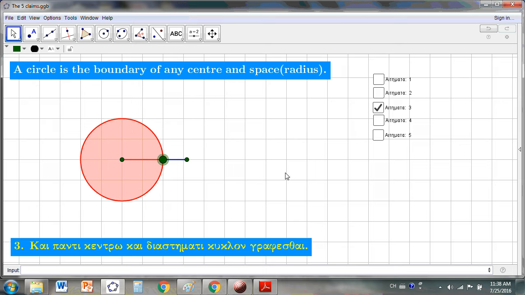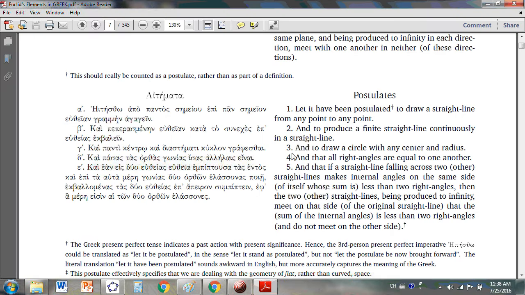Incidentally, in the original Greek Elements, the word radius is not used. Okay, so if you go here and look at 3, the word used is diastimati. Okay, and that means, let's read the whole thing. Ke pandi kendro ke diastimati kiplon grapheste. Okay, so kendro is center and space, circle. Okay, so diastimati is a polymorphic word, and it can mean space, it can mean radius, it can mean area, volume, anything.